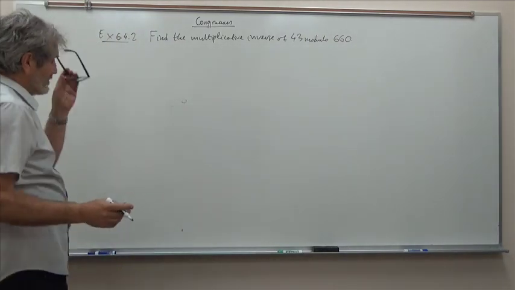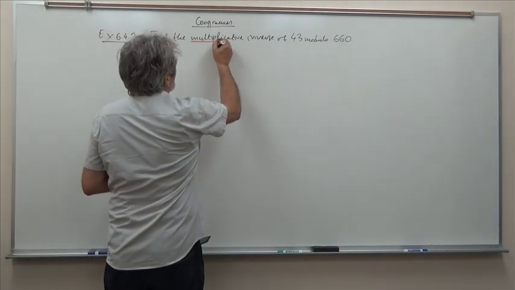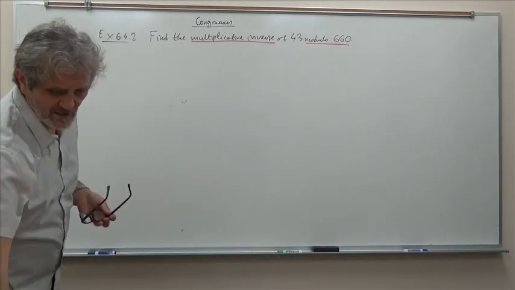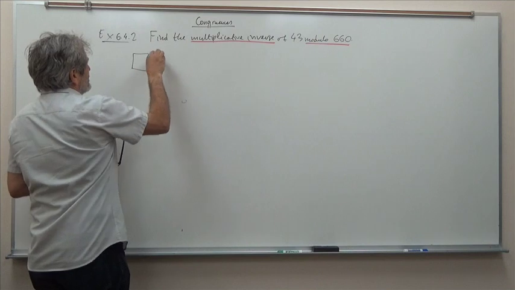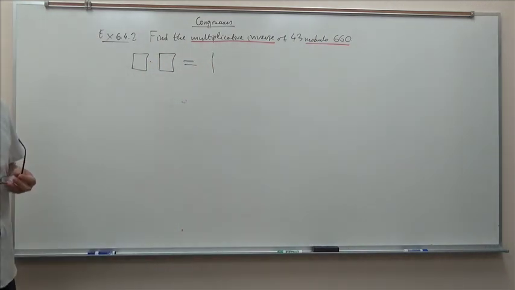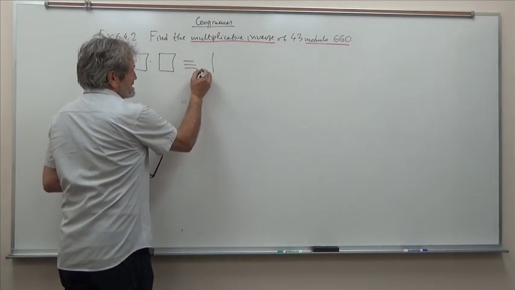First, what is a multiplicative inverse? Multiplicative inverse means two things should be multiplied to give me one. But not exactly one. It says modulo 660, so congruent here is modulo 660.